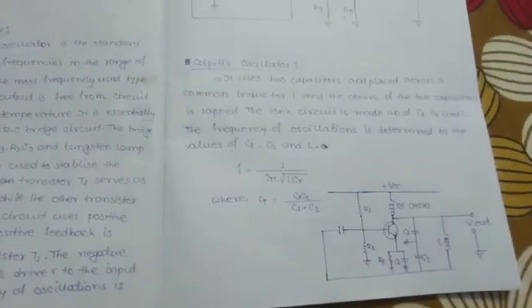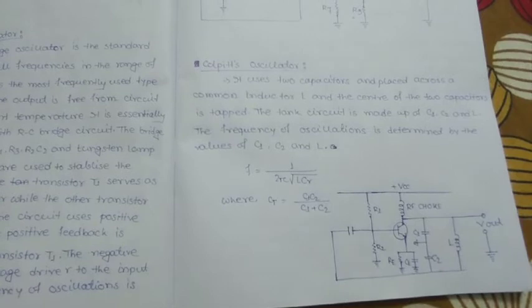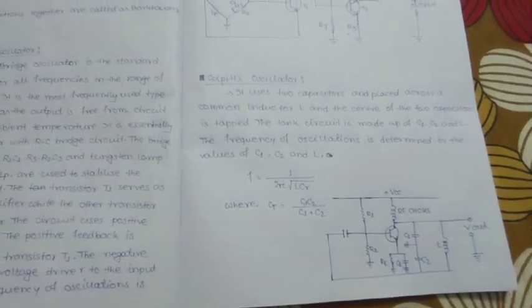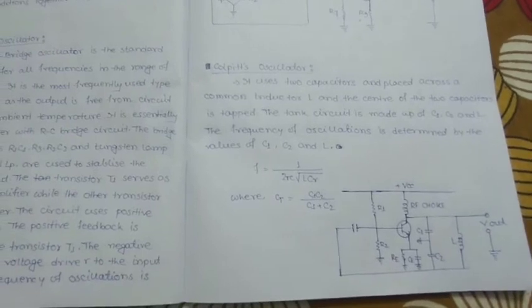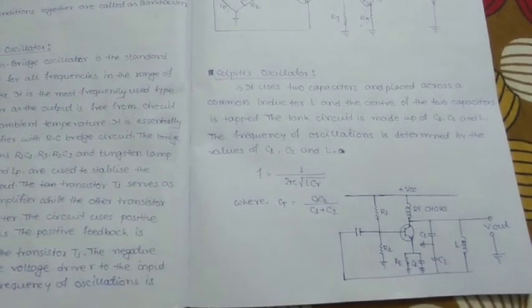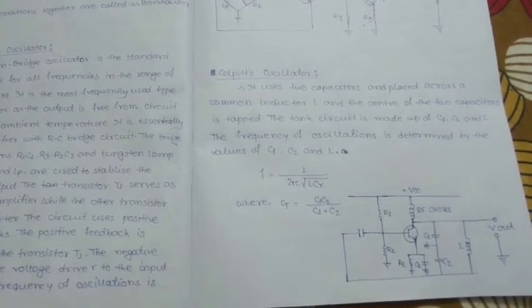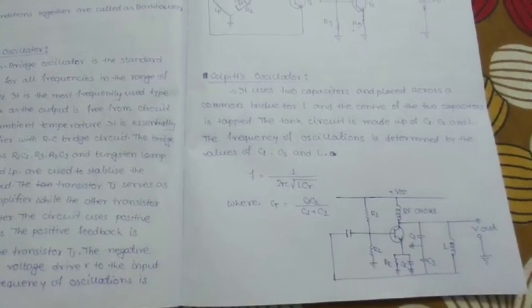Now the frequency of oscillation is determined by the values of C1, C2 and L. Now we can write a frequency f equal to 1 by 2 pi root over L C, where C is equal to C1 C2 by C1 plus C2.